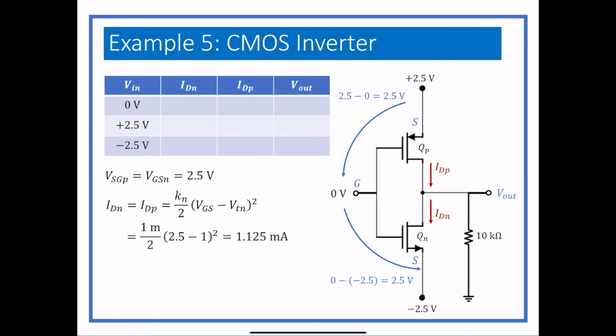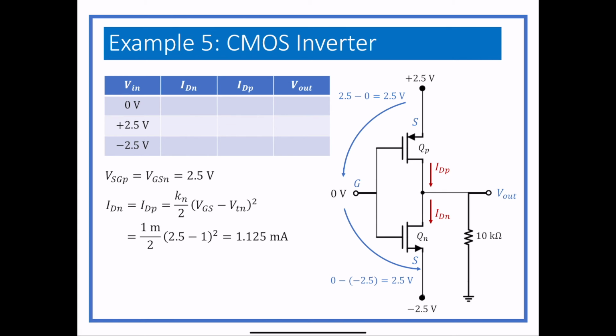And remember, the threshold voltage for each one is going to be the same. And we're going to end up with the drain current in the PMOS and the drain current in the NMOS being the same, which means there's no actual current in the 10 kilo ohm resistor because there is no current left over to go that way.